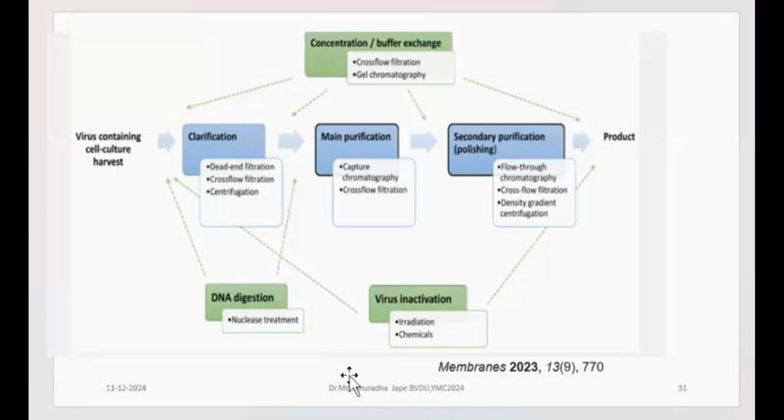Many a time we are looking for a single step of chromatographic separation of any analyte from a biological source. So how after the cell lysis different proteins are purified based on various principles of chromatography, and how affinity chromatography is going to give us a single step purification, that we have talked about earlier.